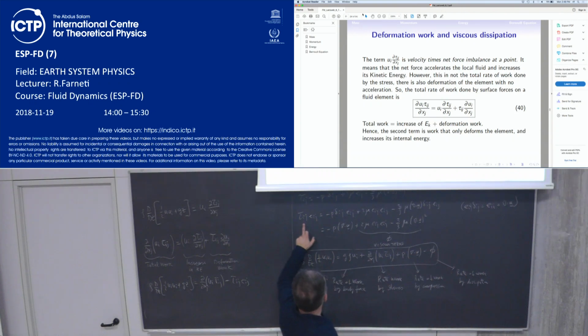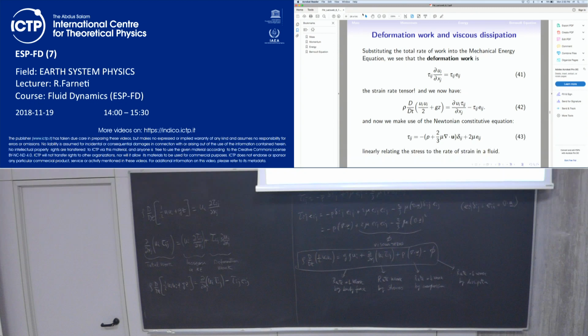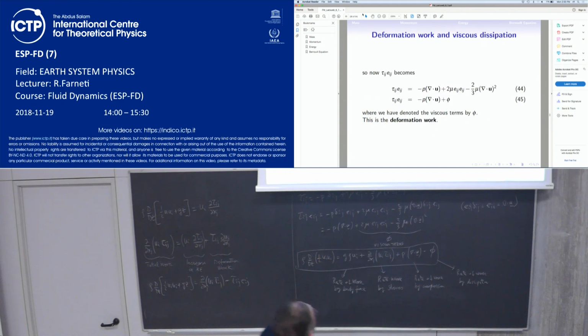So this deformation work can be shown to just have this expression, because the antisymmetric part is equal to 0 once you multiply that by the stress tensor. And so you end up with the strain rate tensor on the right hand side, tau times the strain rate tensor. You use the constitutive equation in your term, and you arrive to this form for the deformation work.